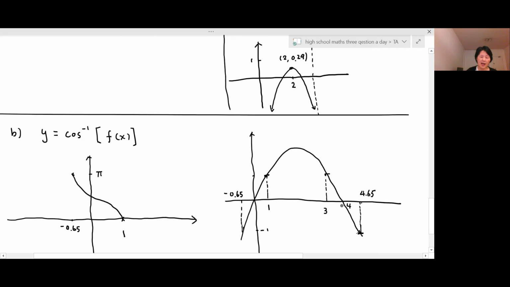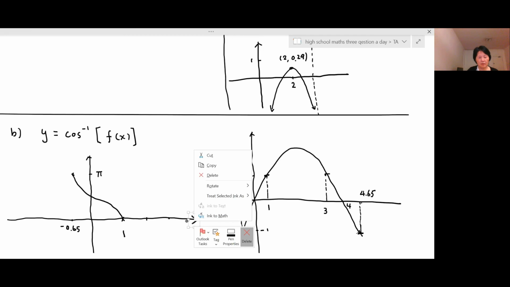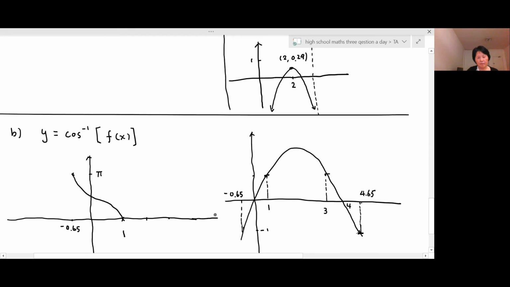Another side. When x equals 3, since f(x) is 1, cosine inverse of 1 is 0. I'll put 2, then 3, and this is 4.